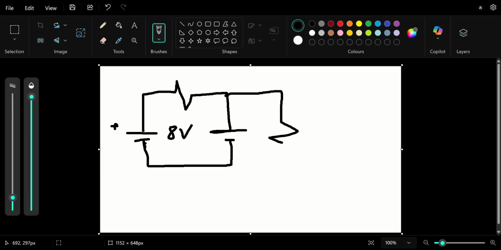And in our second loop, we have a resistor over here. And the question is to find the current through this 2 volt cell. Now, the given values for resistance are 7.0 ohms and 1.0 ohms respectively for these two resistors.